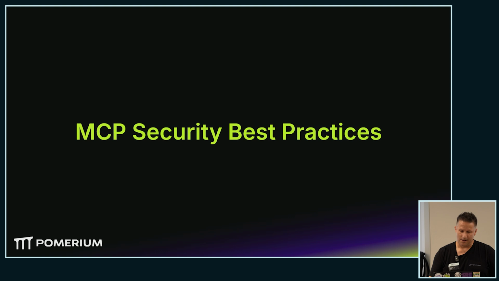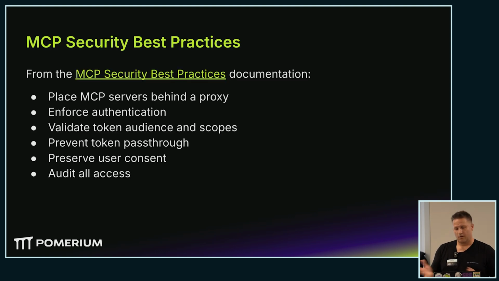The thing I want to touch on is that OAuth is part of the Model Context Protocol spec now, and that's a good thing. If you look at the MCP security best practices, they don't give you an actual recipe, like use this literal software, but they say, pretty much verbatim: you need to be behind a proxy.